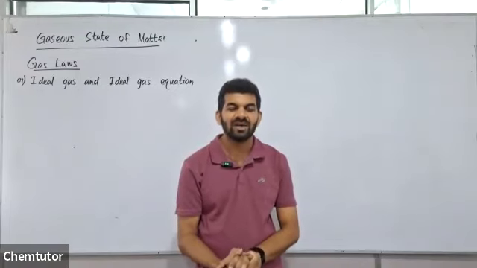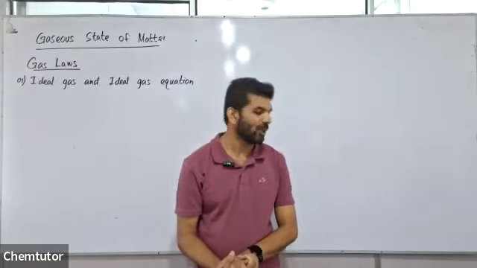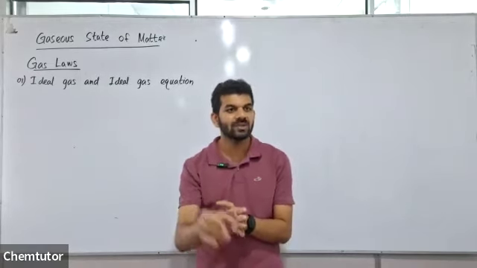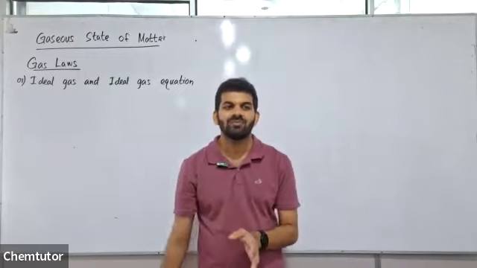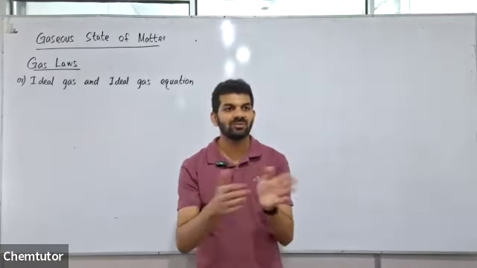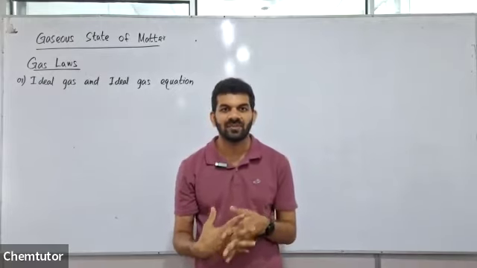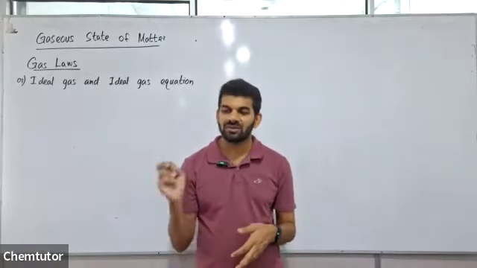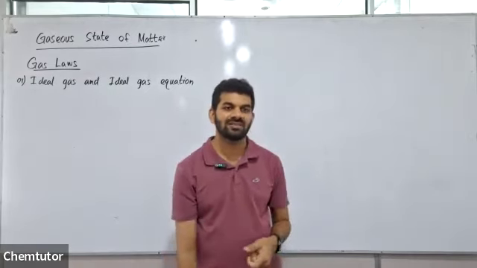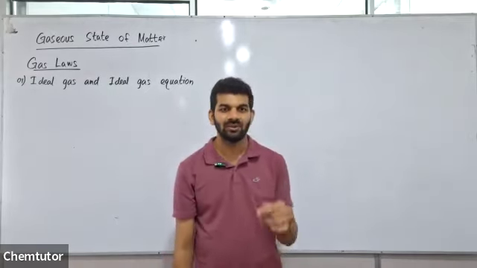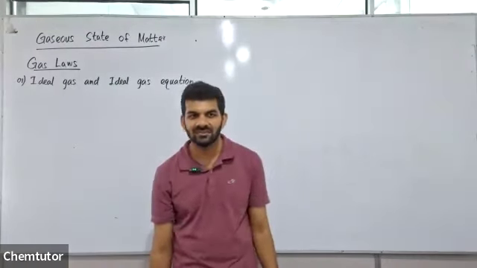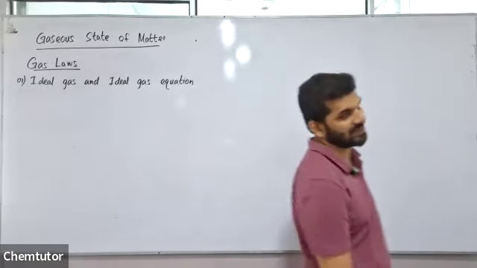Is it clear? There are no ideal gases. Gases can be brought closer to ideal behavior, but there are no ideal gases. We cannot remove all the intermolecular forces between gas molecules, and we cannot remove all the masses and volumes of the gas particles. They will have at least a very small mass and volume, so we call them real gases.